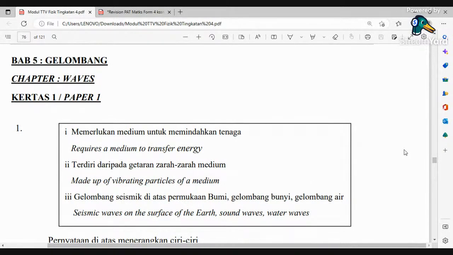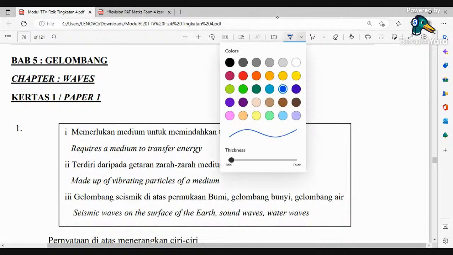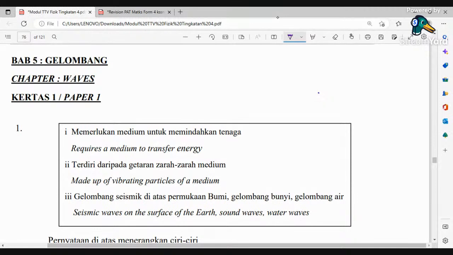We'll look at question number 1 for paper 1. First, requires a medium to transfer energy. Second, made up of vibrating particles. Third, seismic waves on the surface of Earth, sound wave, water wave.